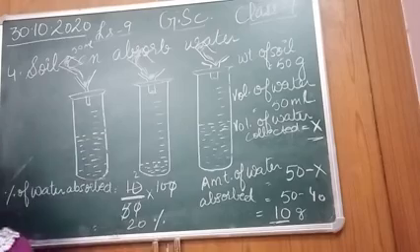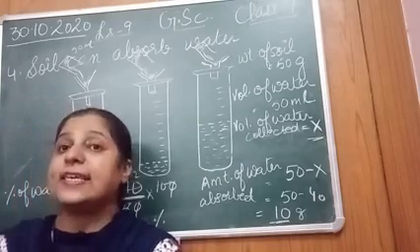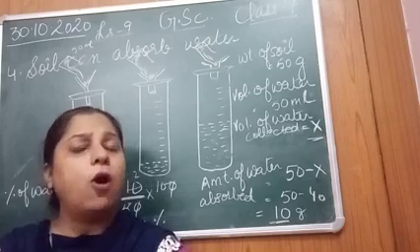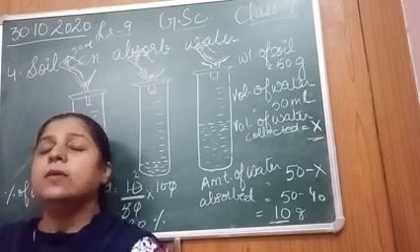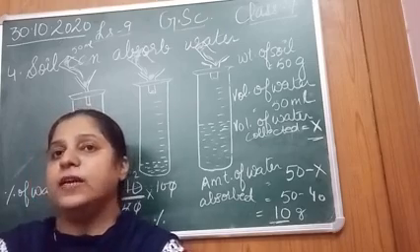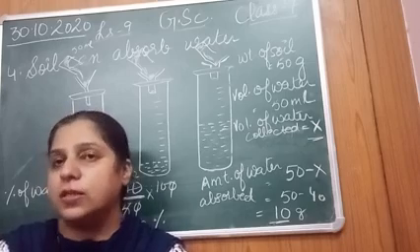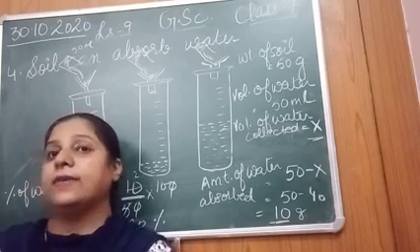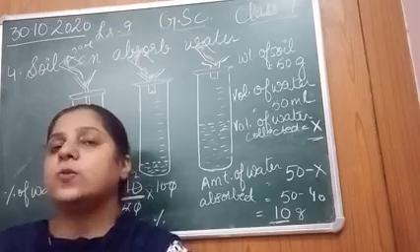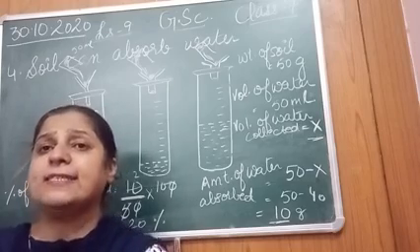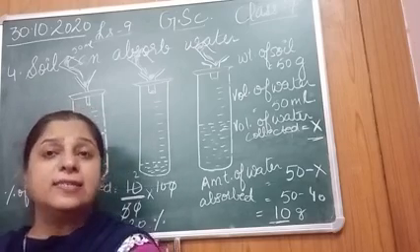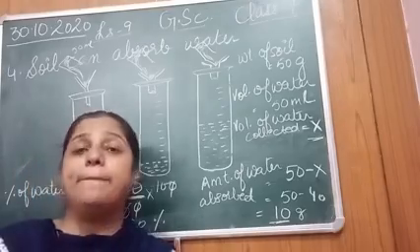Now beta, the last topic of the day, that is care for the environment. As you all know, soil is a very valuable natural resource, right? But what we people are doing, we are damaging the soil, we are polluting the soil. How? Through our interference in nature, that is, we are cutting the trees, deforestation is done, we are adding insecticides, pesticides, chemicals, and dumping industrial waste in the soil.